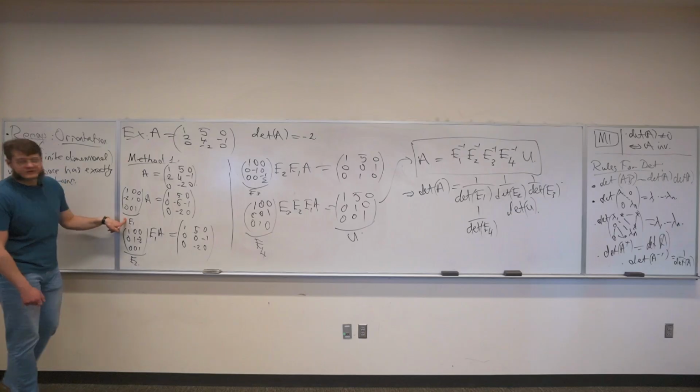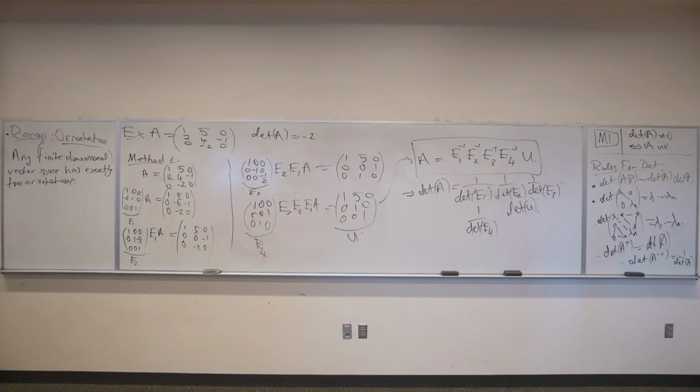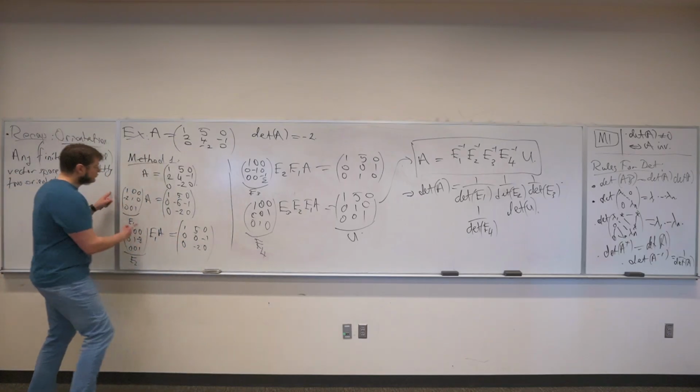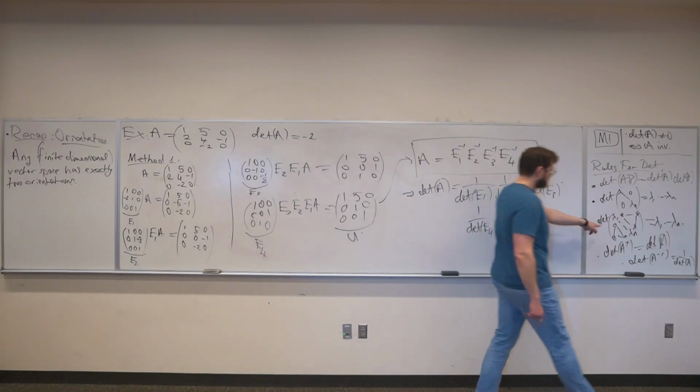Determinant of E1, what is it? One. Determinant of E1 is 1. Why? Because lower triangular, 1's on the diagonal. Just take the product of the diagonal entries.